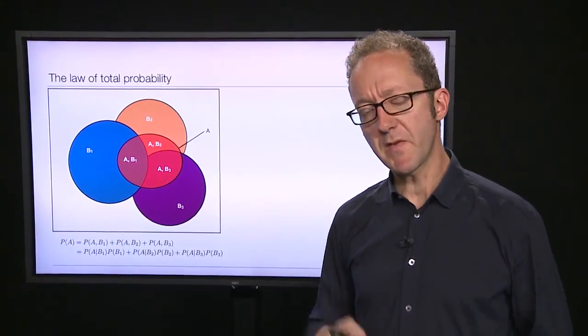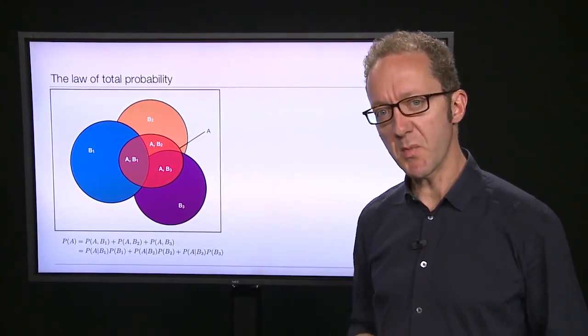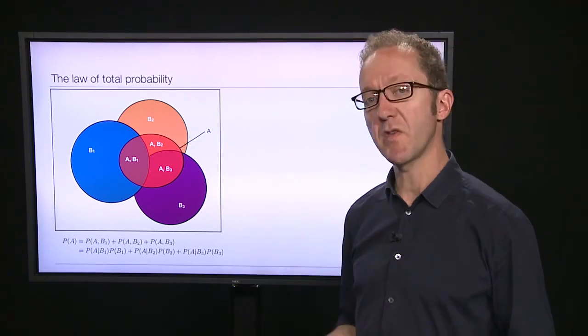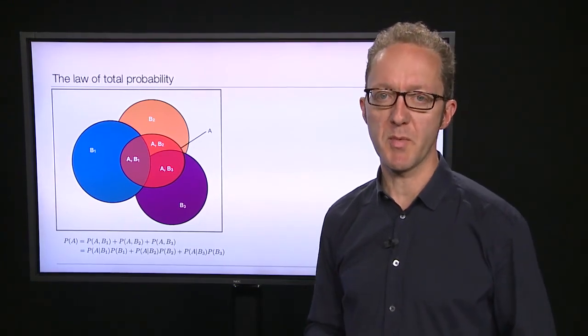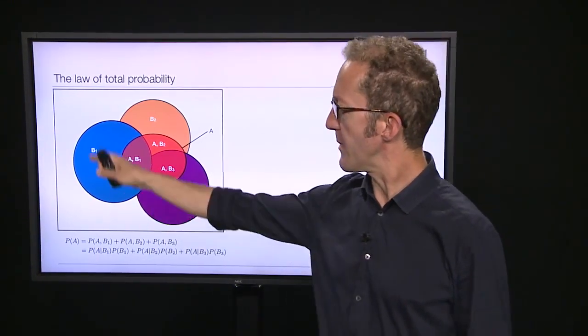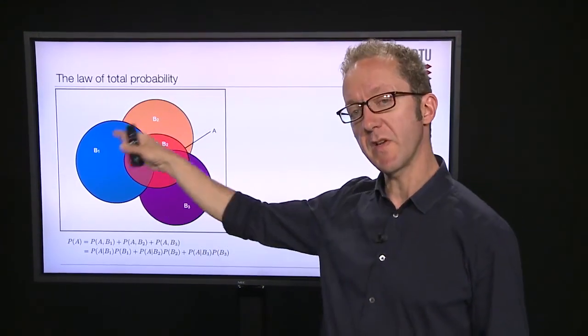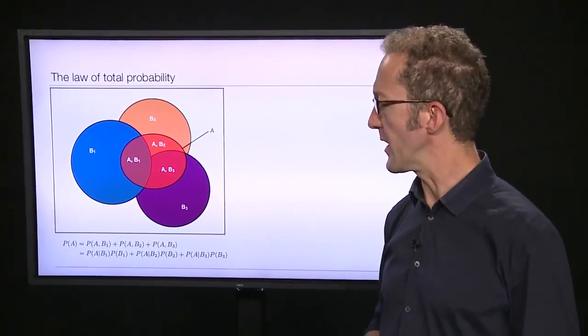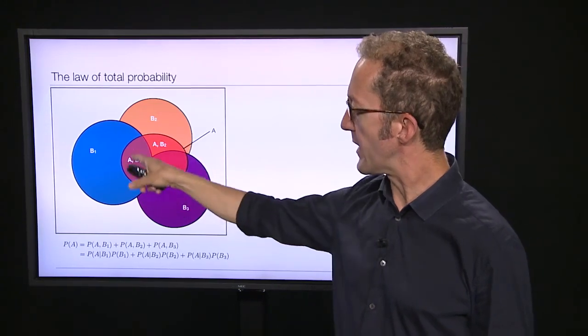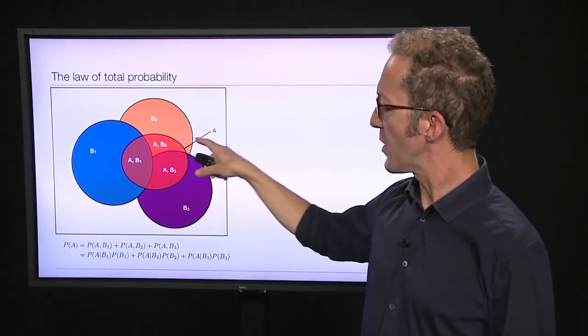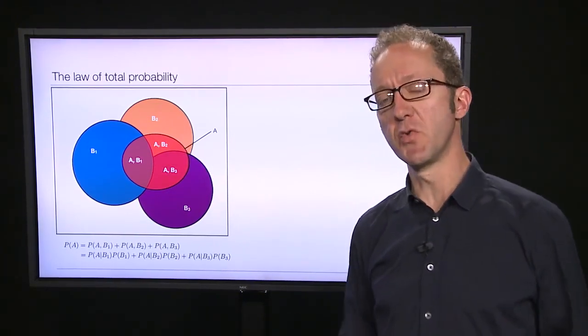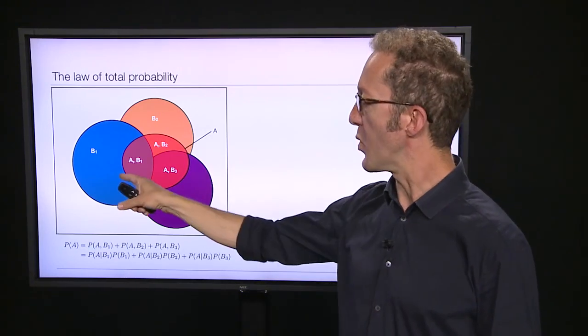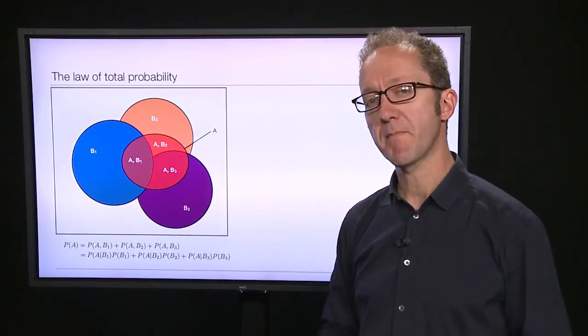There's one more basic aspect of probability theory I would like to remind you of, and that is the so-called law of total probability. So again, imagine we have this box representing the space of all possible events. Then we have some event A, and that is covered completely by these three mutually exclusive events, B1, B2, and B3.